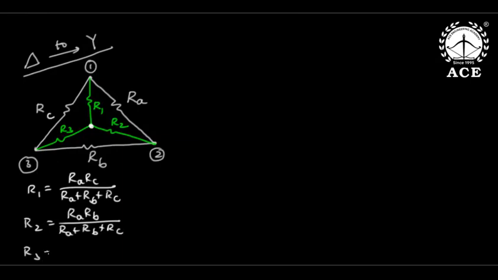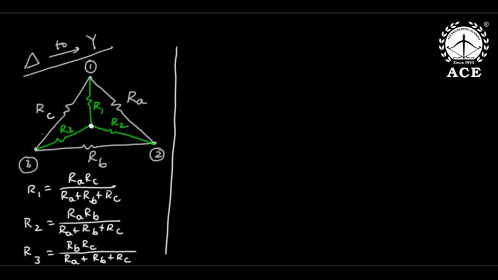Where is R3? Again, product of these two, that is RB, RC by sum, that is RA plus RB plus RC. Like that. So just product of remaining two by sum, like that. You see, like R3 is here now.